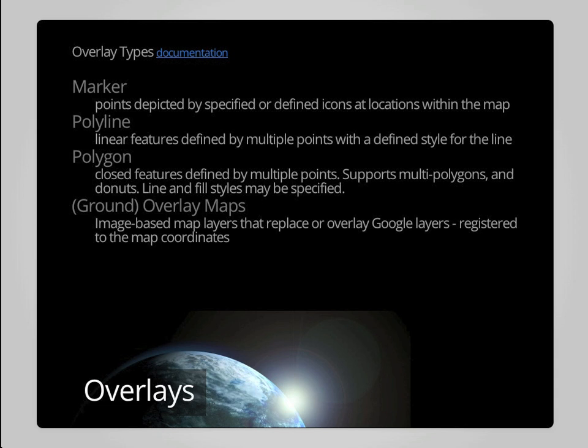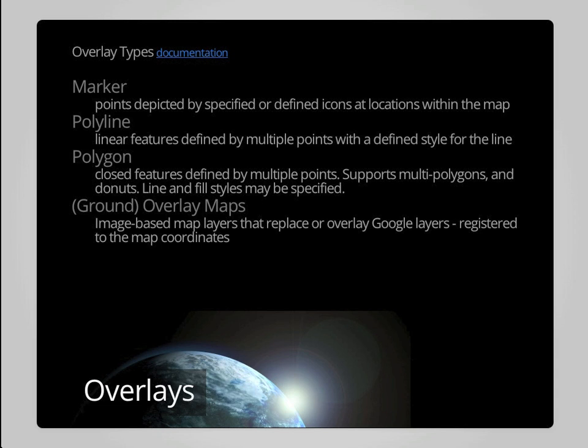In addition to the base map types that we've already talked about, satellite, road map, hybrid, and terrain, there are also a number of map overlays that you can define that can be essentially superimposed upon the required base map. And this is an important thing to remember because you are required to define one of the four Google map types as essentially the base map for your map.